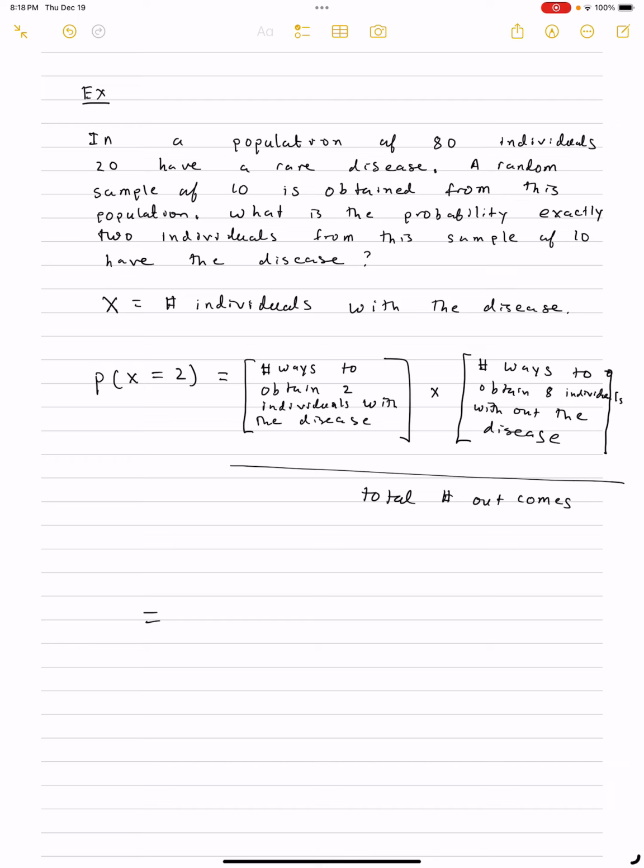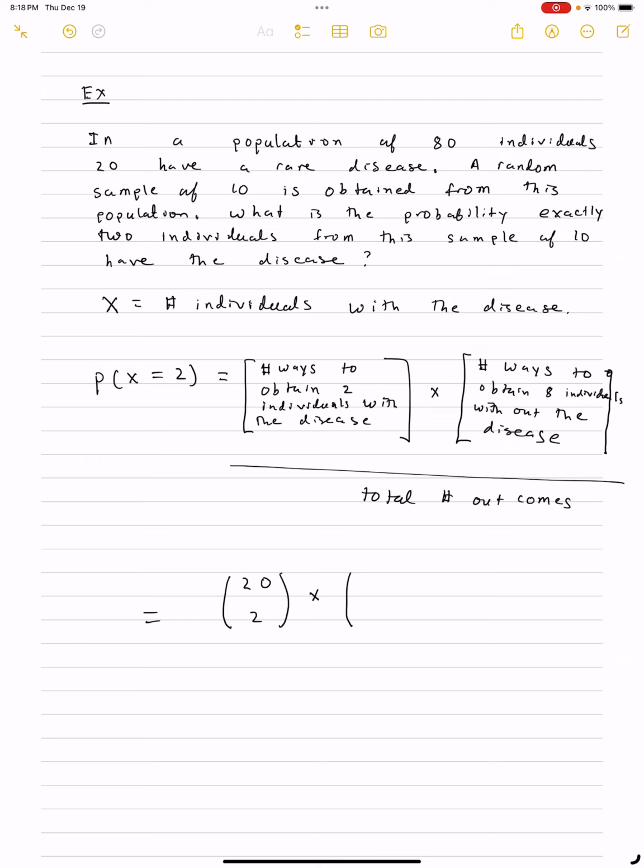All that matters is that we obtain 2 individuals with the disease. So order doesn't matter, and I want to, from 20, select 2 without regard to order. So it's a combination. I multiplied there because of the general counting principle, so it's going to be times the number of ways to obtain 8 individuals without the disease.